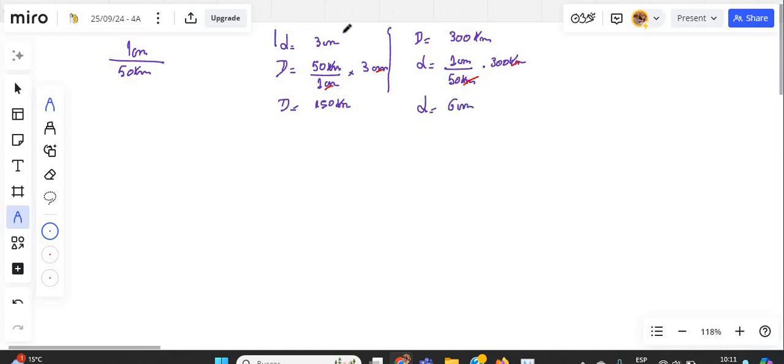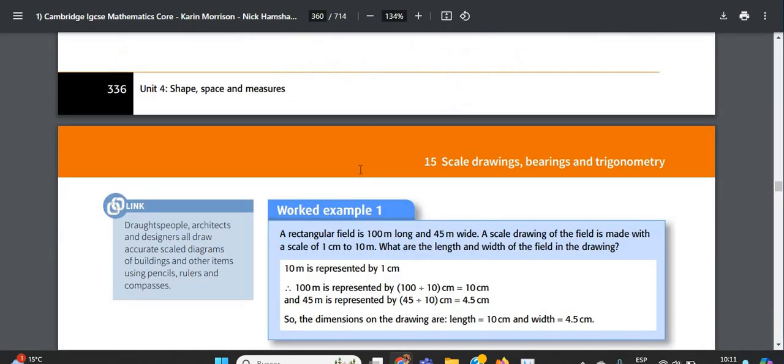So given the distance in the map, you can find the distance in real life, or given the distance in real life, you can find the distance in a map. Basically this is how you convert units by using the value of the scales.